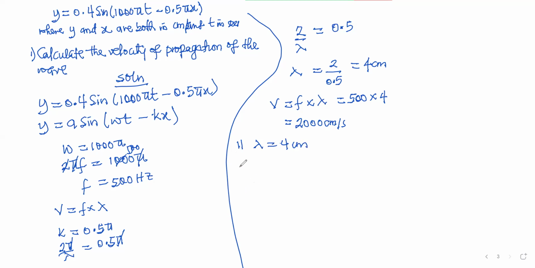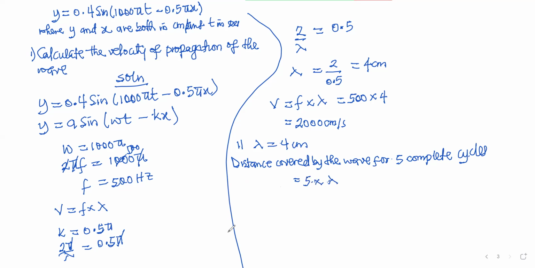Therefore, the distance covered by the wave for 5 complete cycles would be equal to 5 times lambda, because the wavelength is the same throughout.